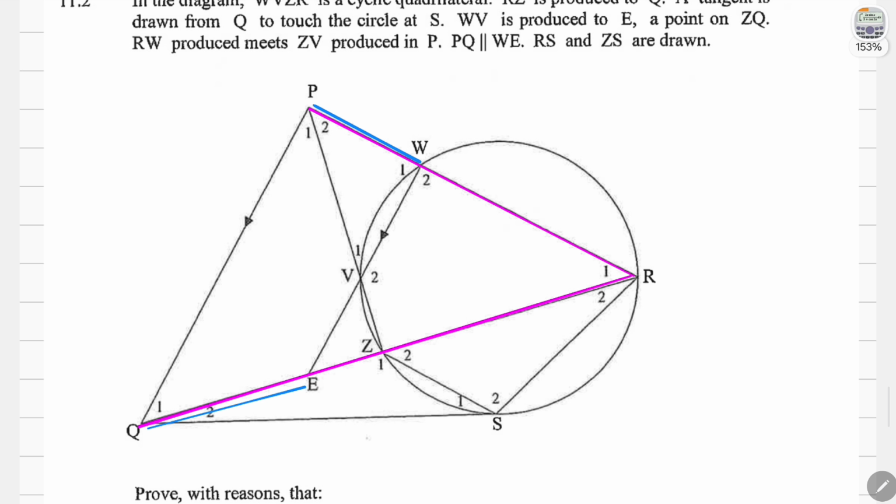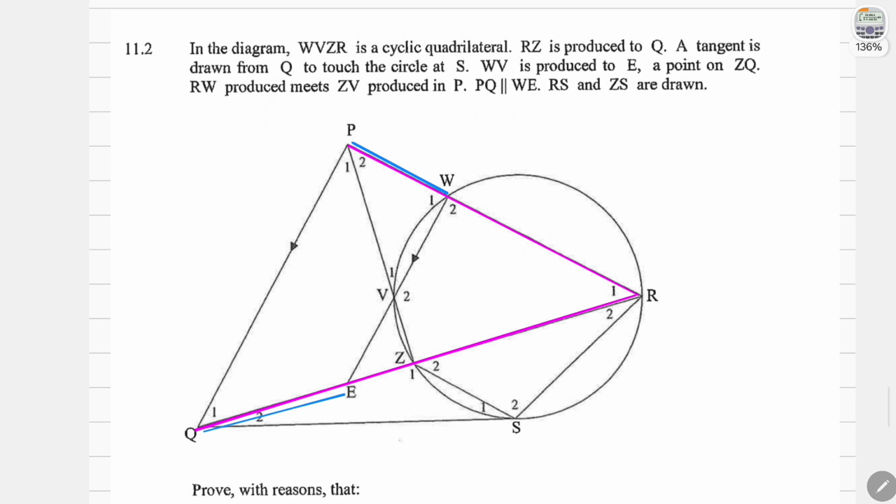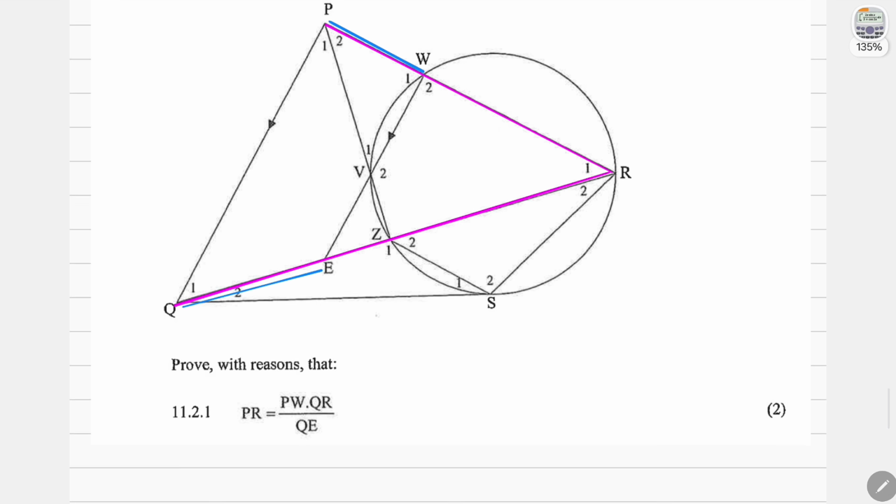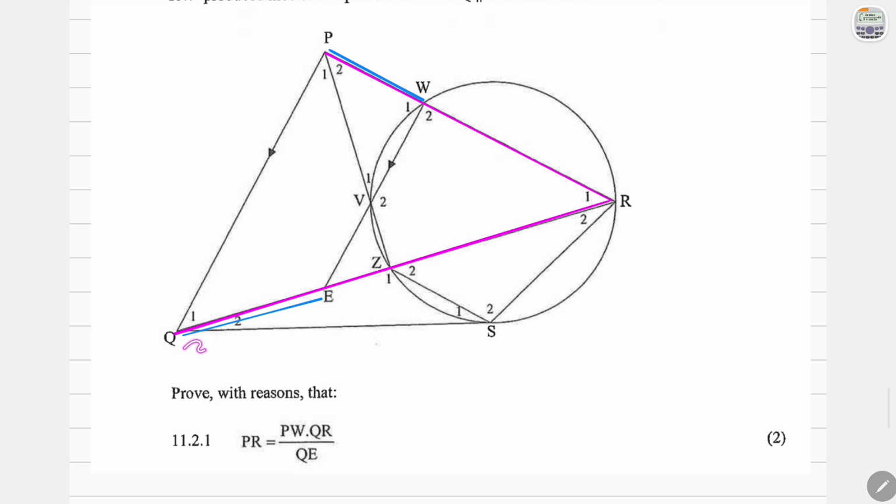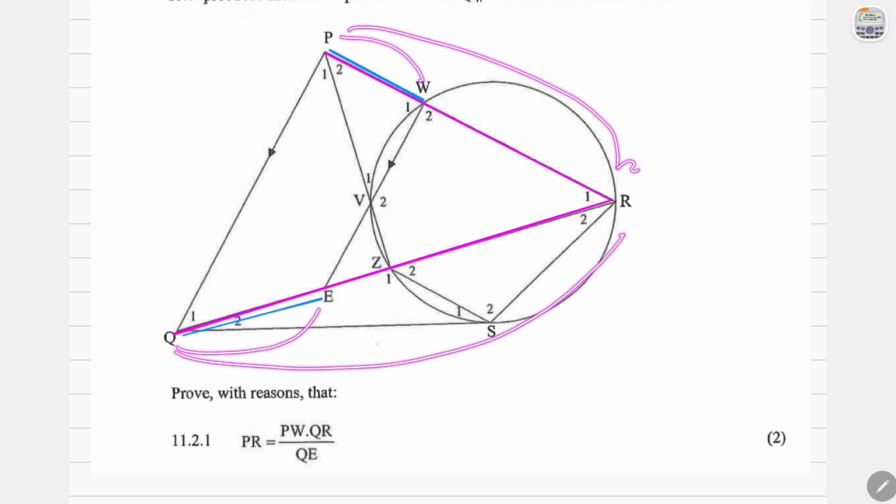This one is not a problem because it's working with the theorem we just used previously, which is the proportionality theorem. Do you see how you have these parallel lines and then this big triangle? So using the proportionality theorem, you know that QE over QR would be equal to PW over PR.